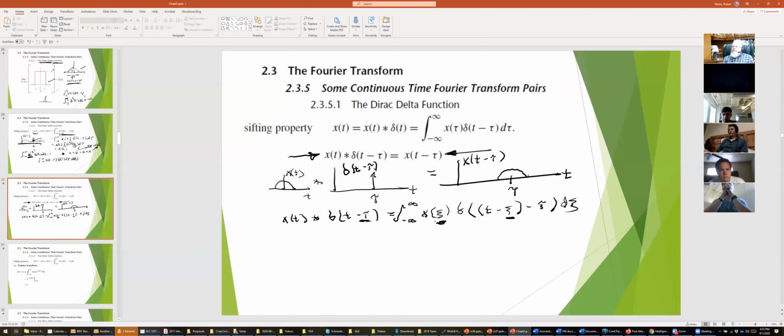And so what do we have here? This is the integral of x of c, delta of t minus tau minus c dc.